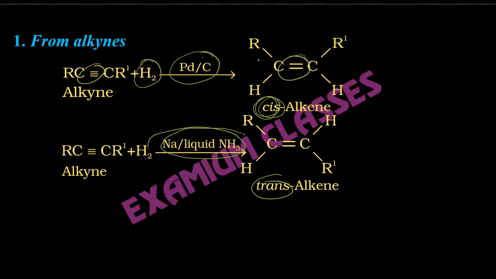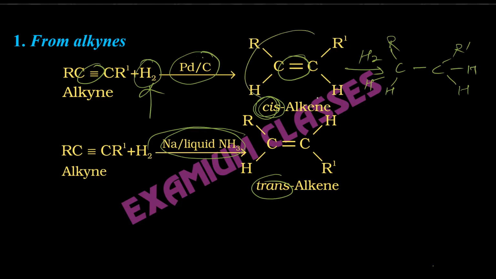Now there is a possibility that it can further react because hydrogen is available. It can further react with hydrogen and produce R, CH2, CH2, R', where R and R' are alkyl groups, with H2 being 2 hydrogens. So it can get converted to alkane, and we need to stop it here.